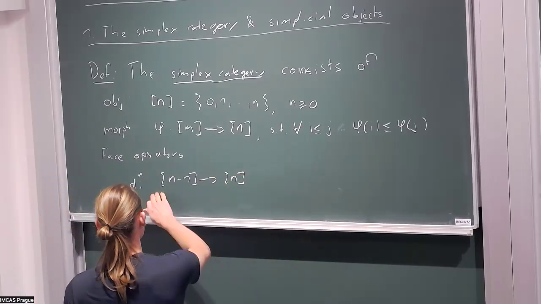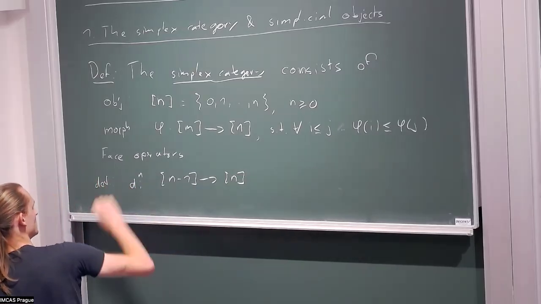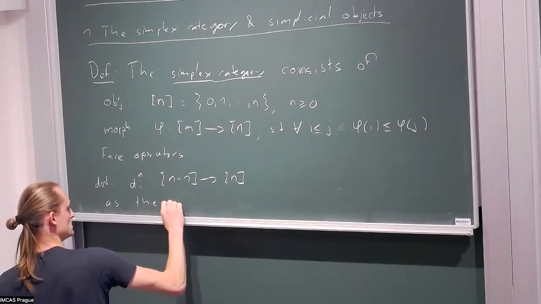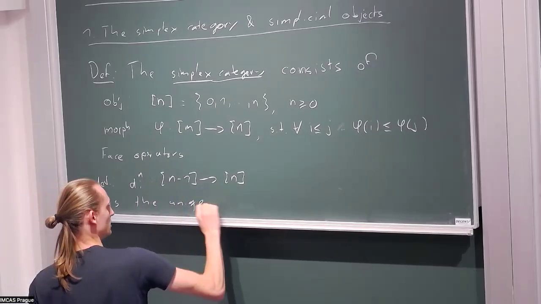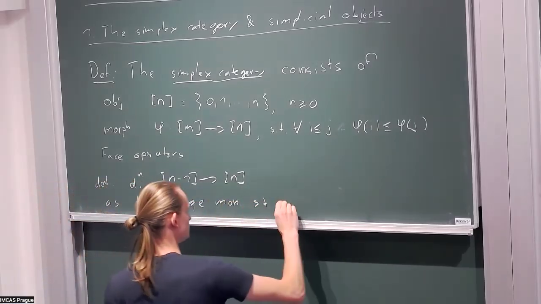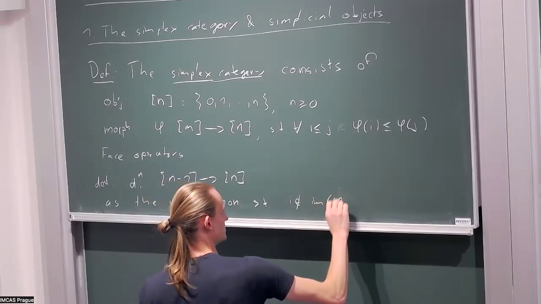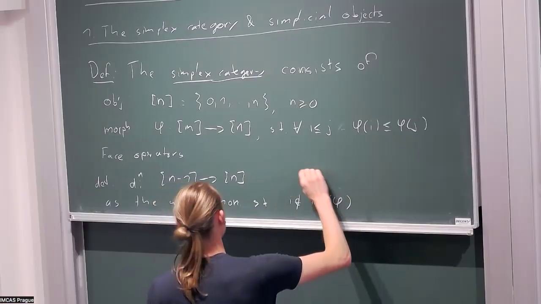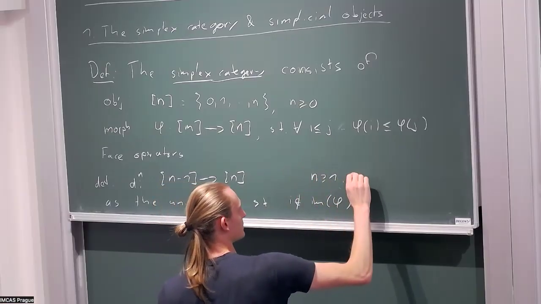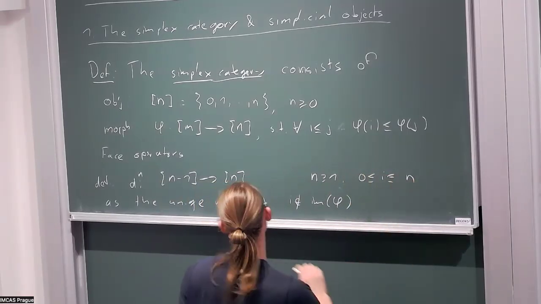This map is defined as the unique monotone map such that i is not in the image of phi. Here n is greater than or equal to 1, and i is some number between 0 and n.